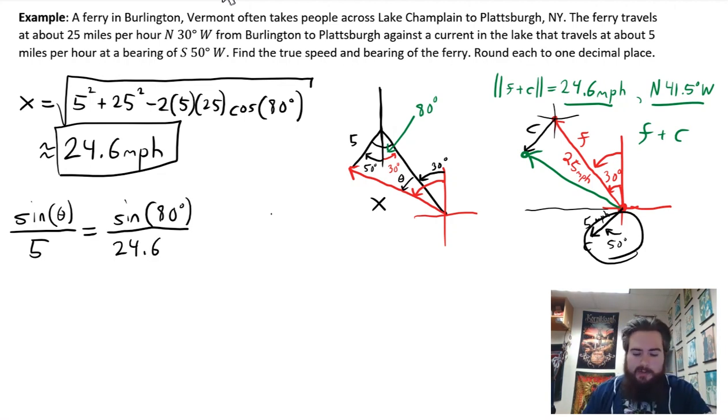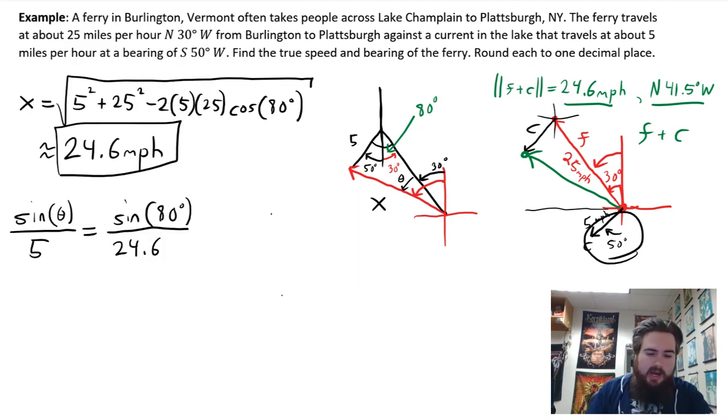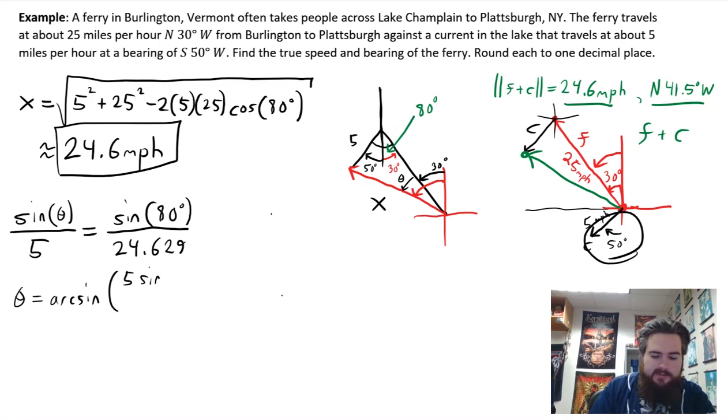Or to make sure I'm a little bit more accurate here, I'll say 24.629. I can then solve for theta by multiplying 5 and taking arc sine of both sides. Theta will be arc sine of 5 times sine of 80 degrees divided by 24.629.